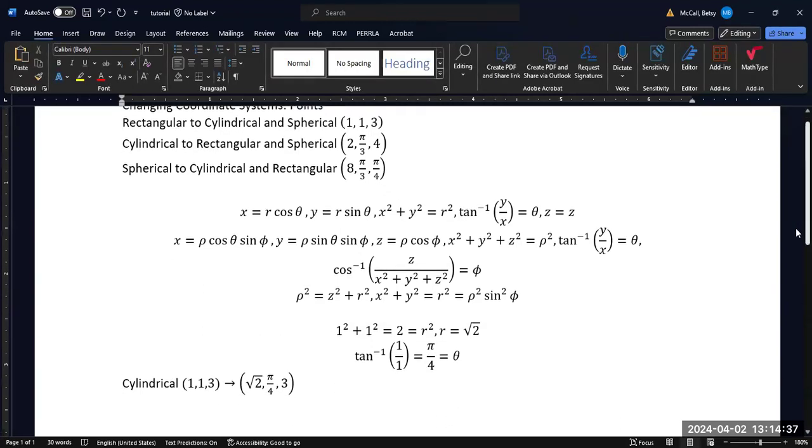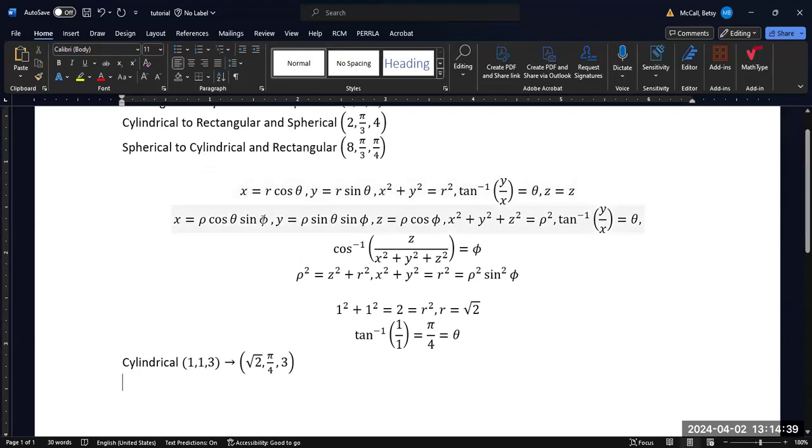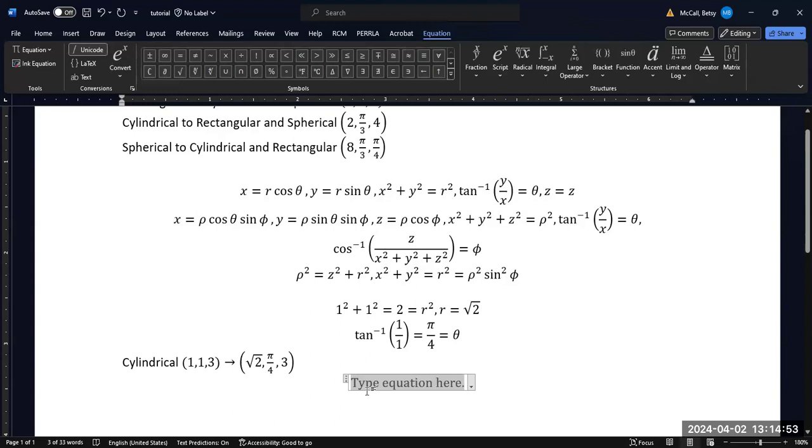Now for spherical, of course, we're going to use this set of identities. So the theta is going to be the same. Rho is going to have to include our z coordinate.